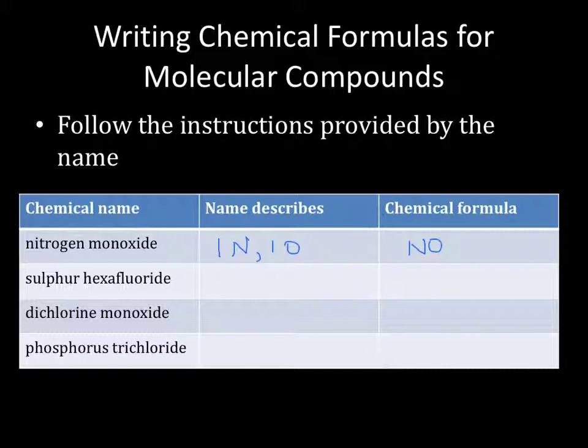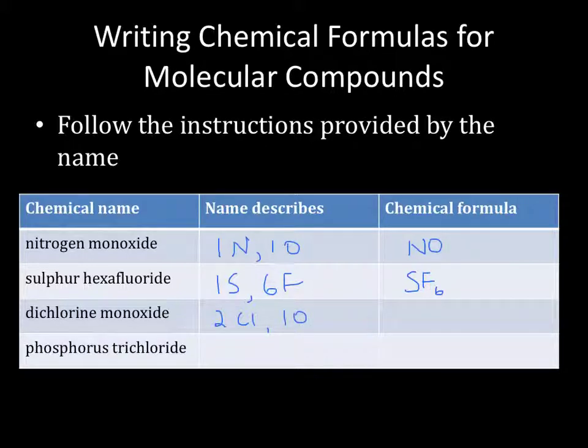And in the second compound, we have 1 sulfur. Hexa means 6, so we have 6 fluorine, so it just becomes SF6. And here we have dichlorine monoxide, so we have 2 chlorine, and we have 1 oxygen.